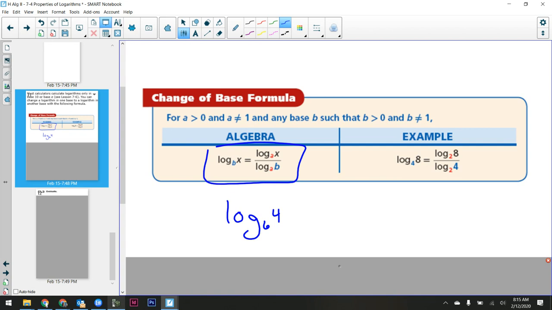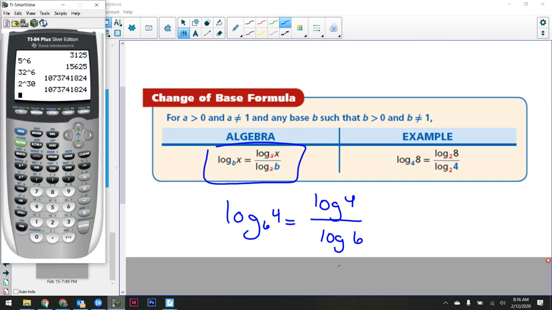The most useful one is probably base 10 because your calculators compute in base 10. So I can say log base 10 of 4 divided by log base 10 of 6. I could even say log base 1,000,000 of 4 divided by log base 1,000,000 of 6. I don't know why I'd do that, but I could.